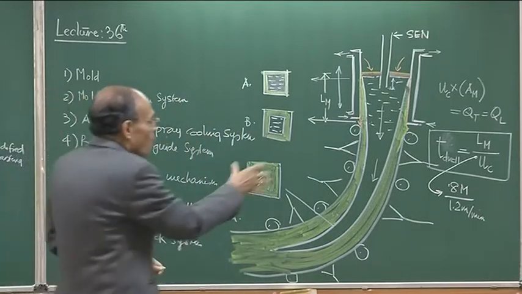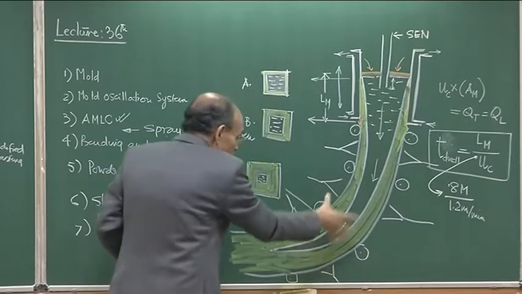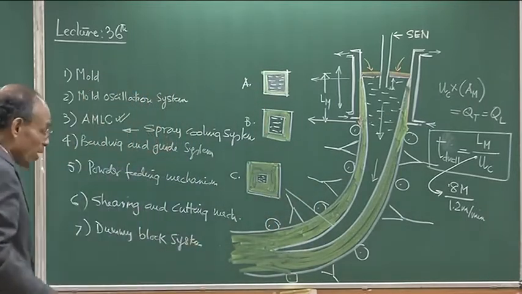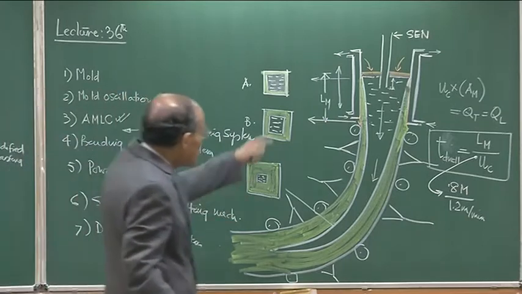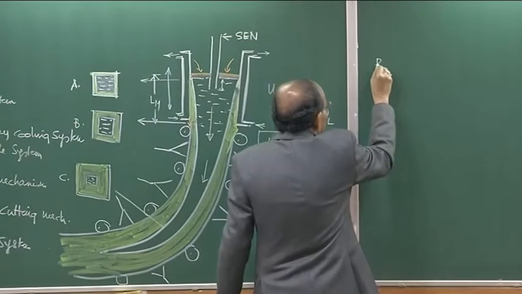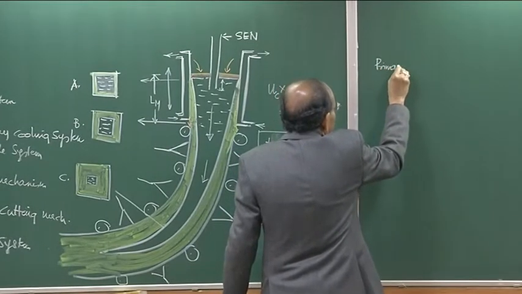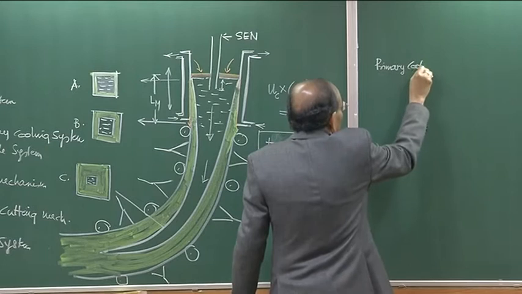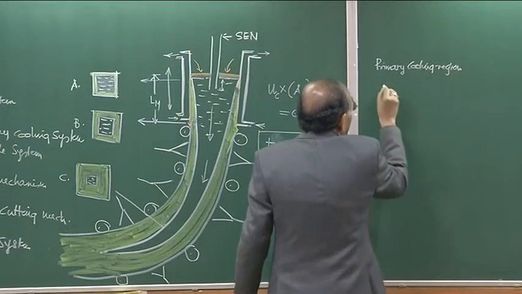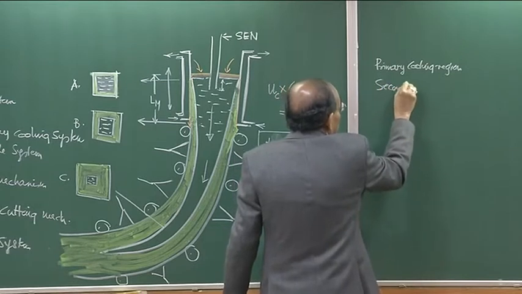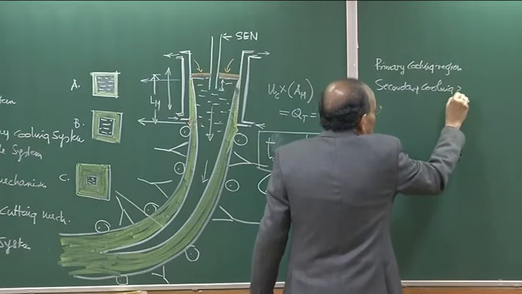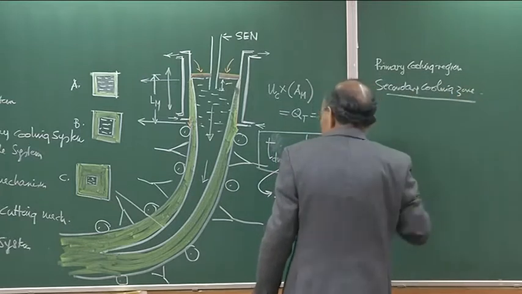So, the cooling rate is small in the mould, and here the cooling rate is large, because spray cooling is very intense. Based on these features, continuous casting machines have been characterized as the primary cooling zone, which is the mould region, and the secondary cooling zone, which is the spray cooling zone.